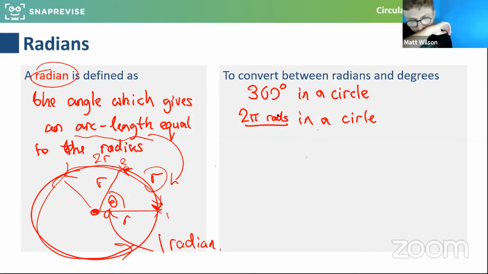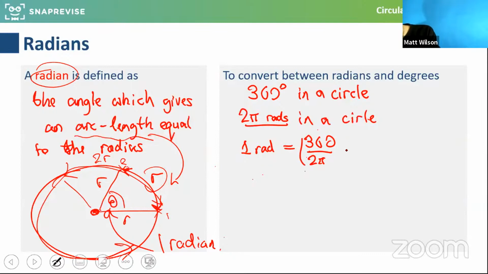Good. What this actually means is that 1 radian, so this is for conversion, so this is a handy rule to know. 1 radian is given by 360 divided by 2 pi degrees. So if I give you 5 radians, you can tell me how many degrees that is by timesing 5 by this number here. Perfect, really nice answers, good.